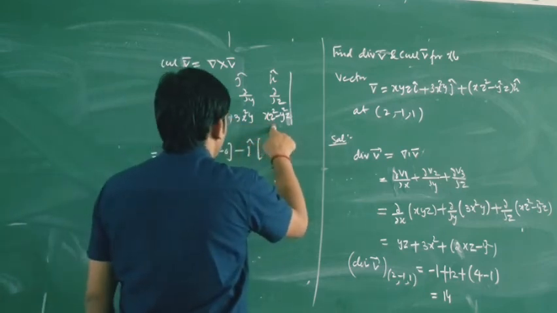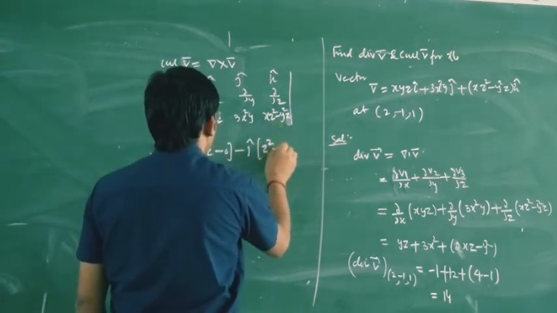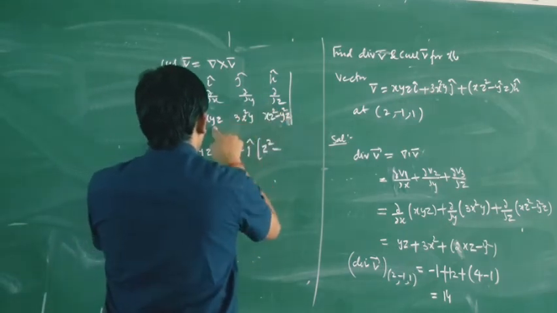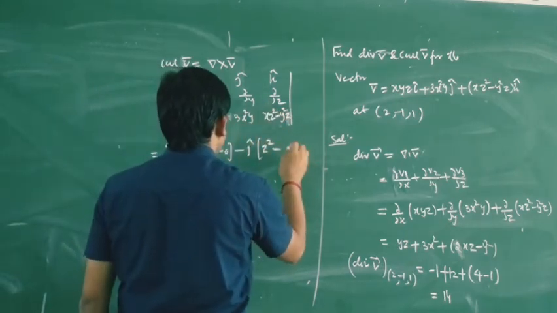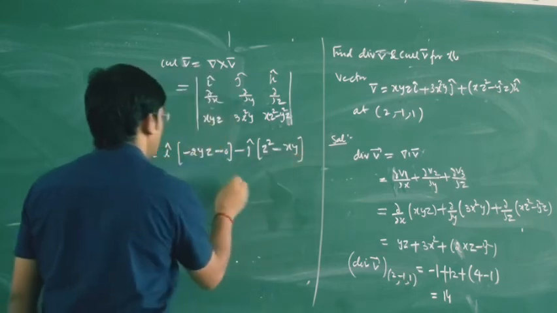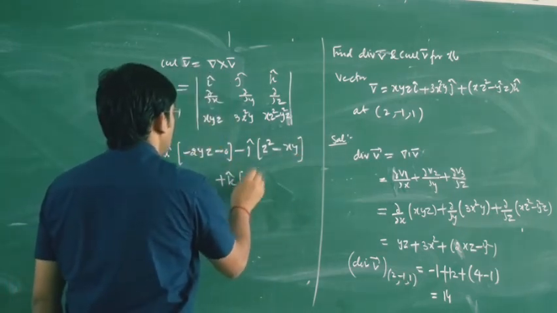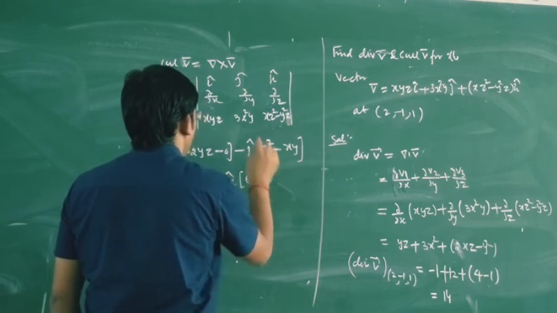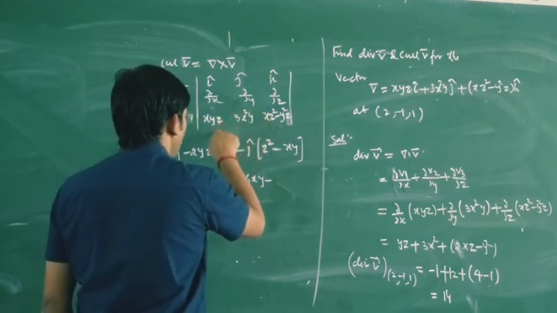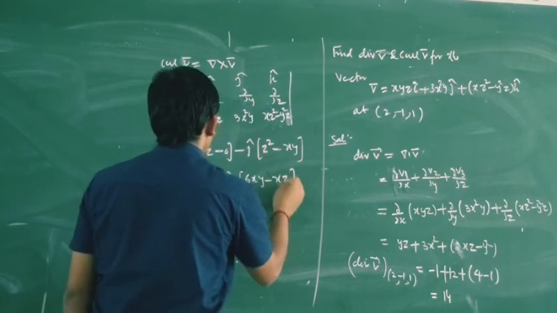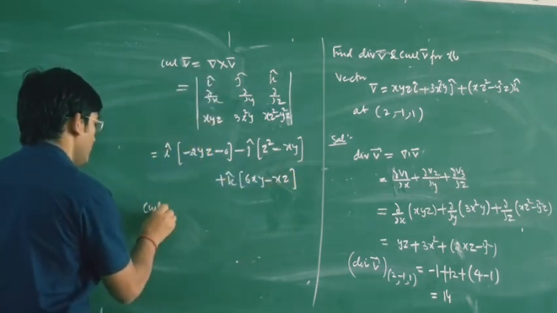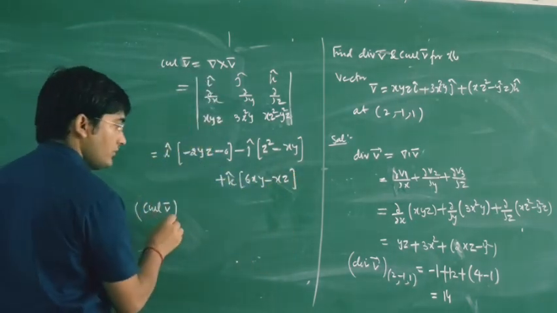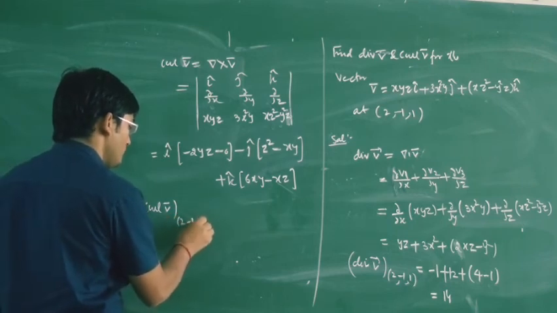Then we have minus j, differentiation of this with respect to x will give you z square, then differentiation of this with respect to z will give you xy. Then we have k, differentiation of this with respect to x will give you 6xy, and differentiation with respect to y will give you xz. So just put the values x, y, z equal to 2, minus 1, 1.